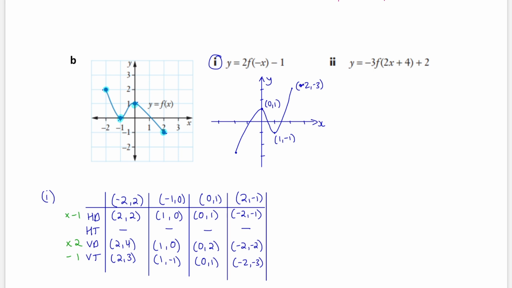Sorry, I don't know why I put those there. Should be just 2 and 3. So I end up with this here.